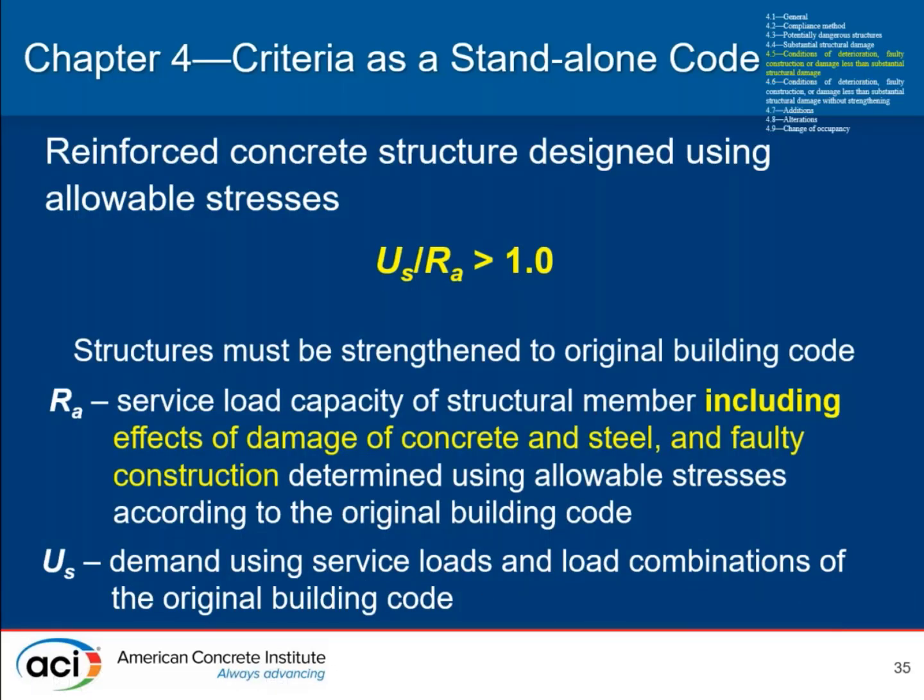And here, reinforced concrete structures designed using allowable stress design. If your original design code is an allowable stress-based code, then the criteria for less than substantial structural damage is that the demand using the original service loads and load combinations of the original building code, U sub S, exceeds R sub A, which is the service load capacity of the structural member, including the effects of damage, deterioration of the concrete and steel, and faulty construction, determined using the allowable stresses according to the original building code.